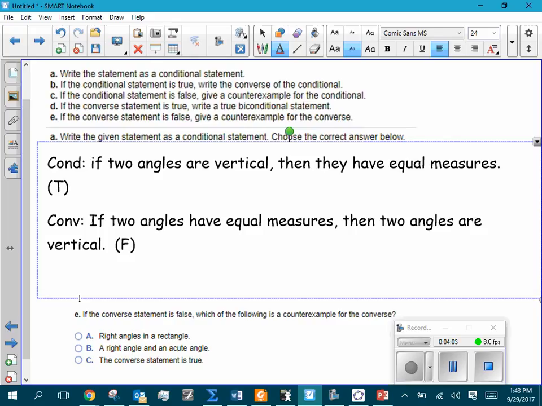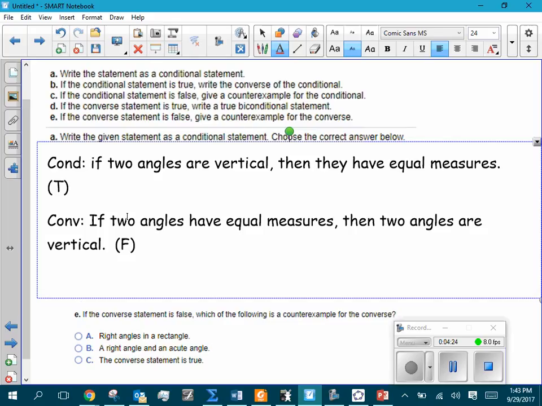Because the first thing I want you to understand is, is this true sometimes? Yeah. When they're vertical angles, they are equal, right? So if I give you 2 equal angles and they just happen to be vertical, then yes, that's a true statement.